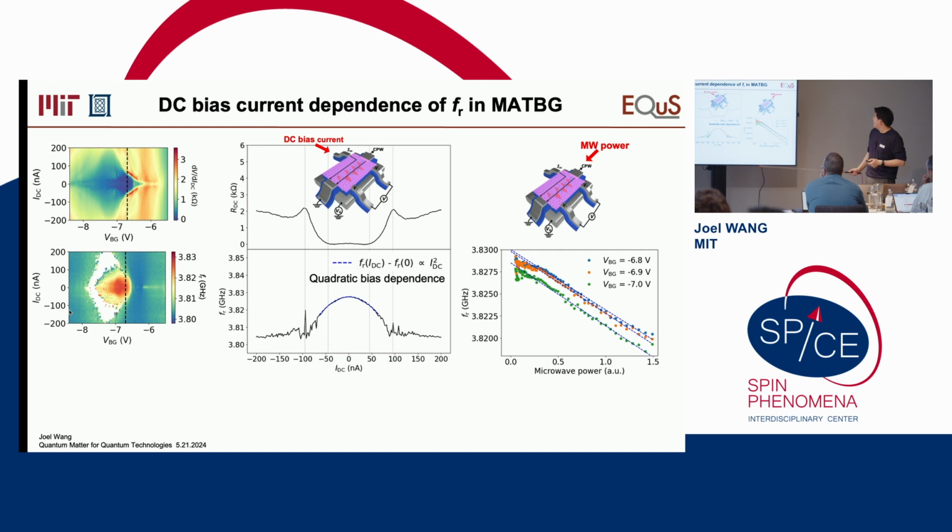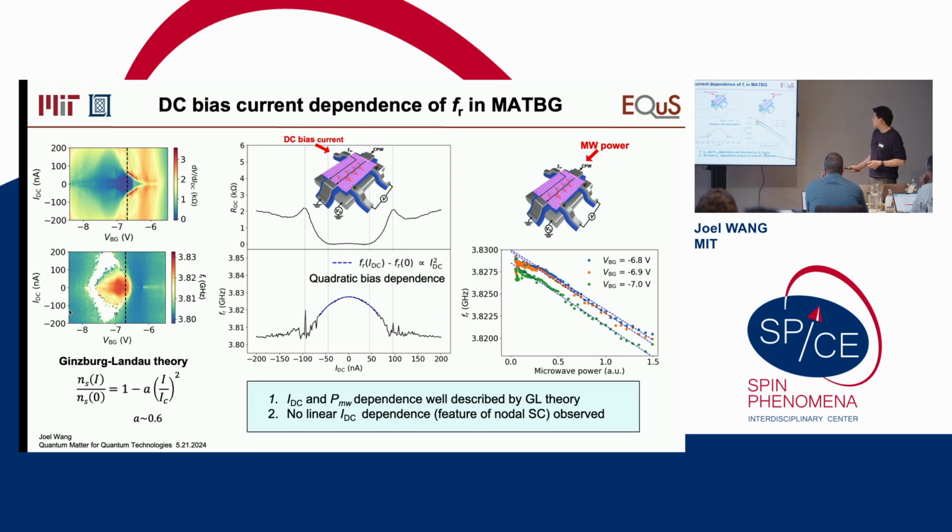Okay? We can do the same with the microwave power, which is equivalent through the microwave resonator. Here we see the quadratic dependence on the current, which is equivalent to the linear dependence on the microwave power because it's the square of the E. So the message here is that the current and power dependence is well described by Ginzburg-Landau theory.